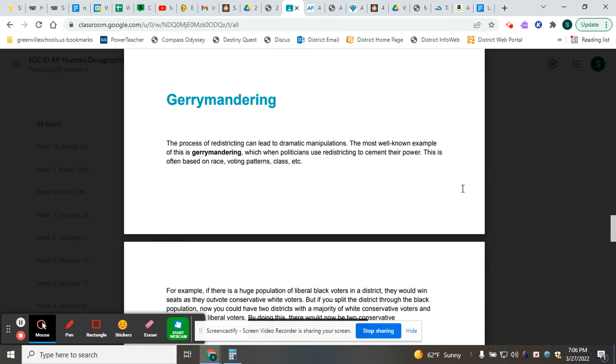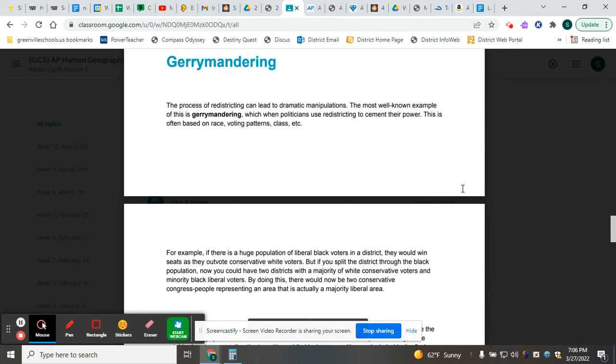Now, one of my favorite topics when it comes to politics, gerrymandering. Gerrymandering is the process of redistricting based on very dramatic manipulations. This is when politicians, when they are redrawing the political map of their state, will draw the political districts in such a way that guarantees that their district will be of a certain voting kind of person.